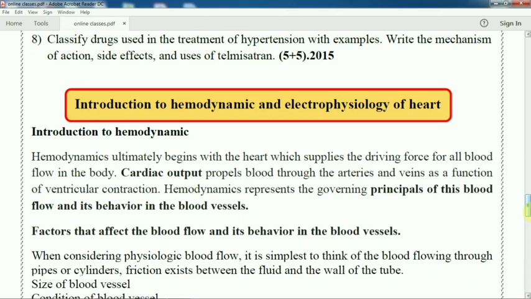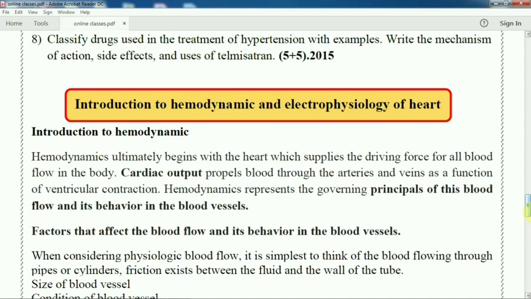So, hemodynamics represents the governing principles of blood flow and its behavior. What is the definition of hemodynamics? Hemodynamics means the principle of blood flow.